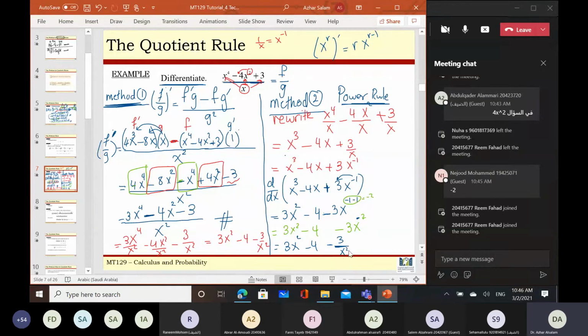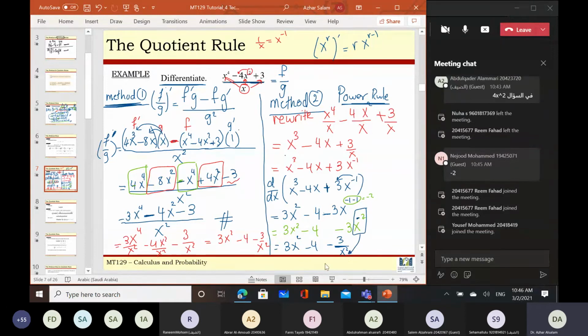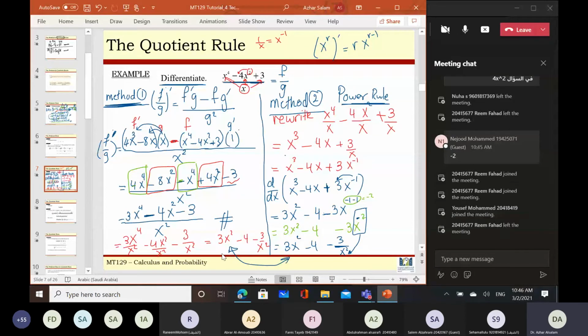Okay, مع نفس الأس بإشارة موجبة. x to the power minus 2 just take it down أضع فقط في المقام بنفس الأس لكن بإشارة موجبة. Notice that the two methods gave me the same answer. استخدمت طريقتين وأعطوني نفس الحل بالضبط. Okay. I can of course stop here. This is the simplest answer.